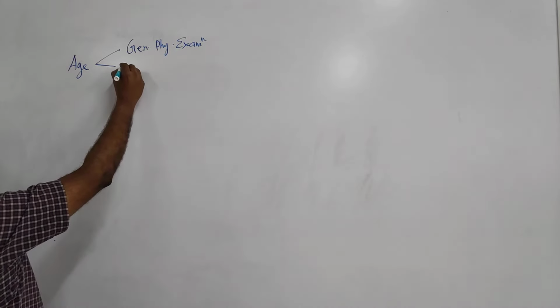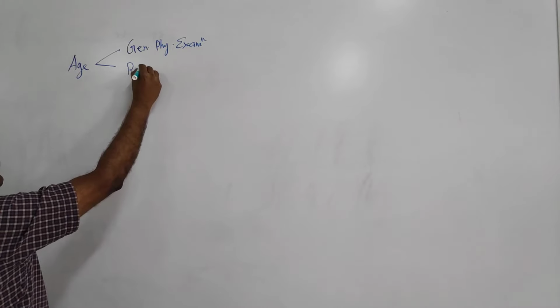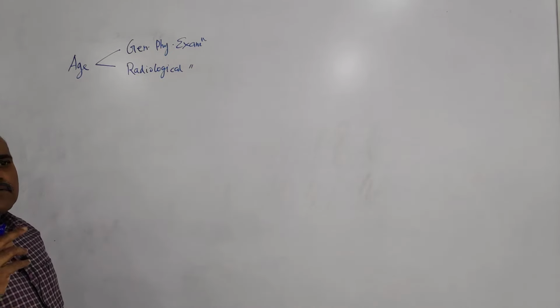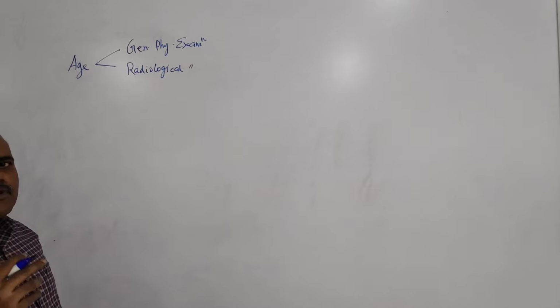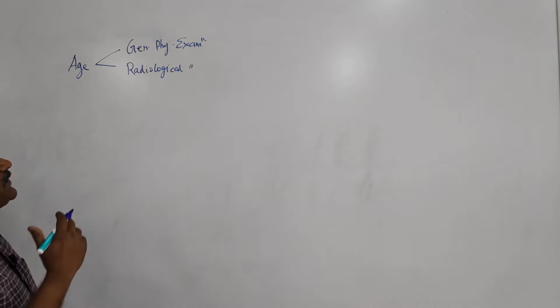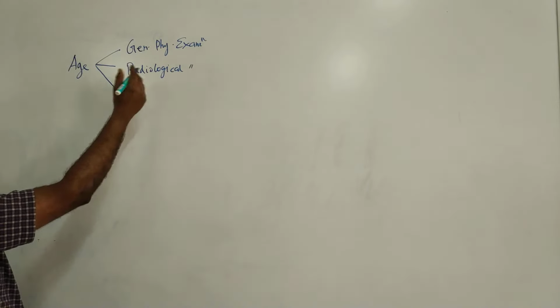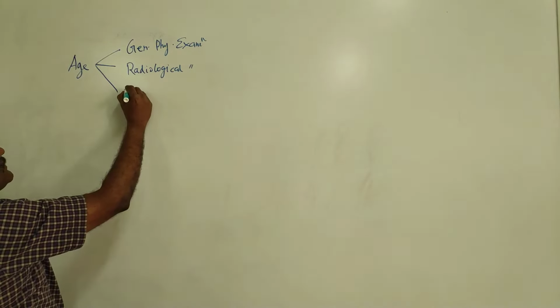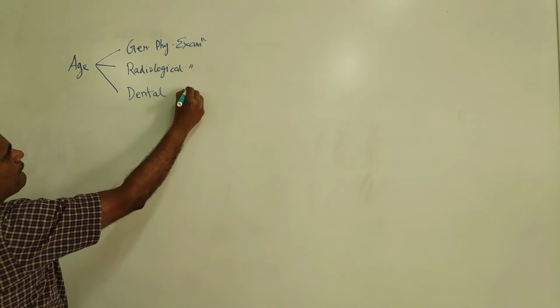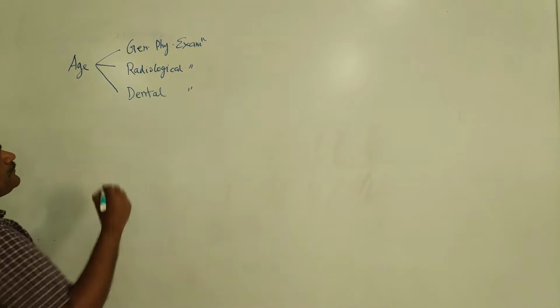Then by doing radiological examination, in which the ossification activity, appearance and fusion of various ossification centers with respect to long bones are studied. That is another long case for you, we will see later. Then by doing dental examination. This is what we are going to see today, how to estimate age by dental examination.